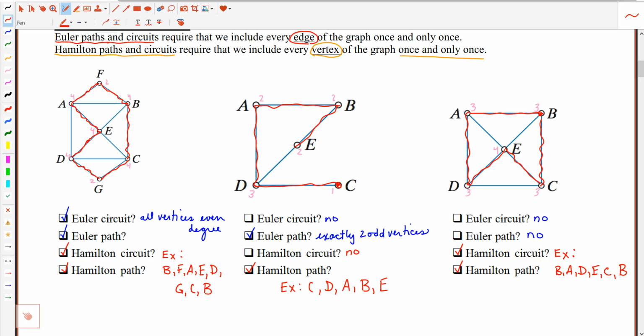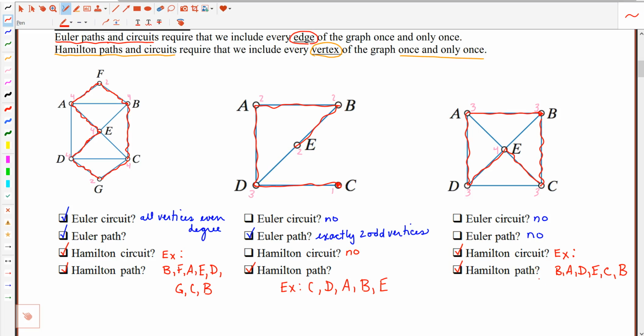Now, as a reminder, all Hamilton circuits are also Hamilton paths. The only thing required for a Hamilton path is that you have a path, so you're traveling a series of adjacent vertices, and you have to be able to grab every vertex exactly one time. And I was able to do that here. The circuit is more restrictive because you have to start and end at the same vertex. So we could also just find Hamilton paths that are not circuits.